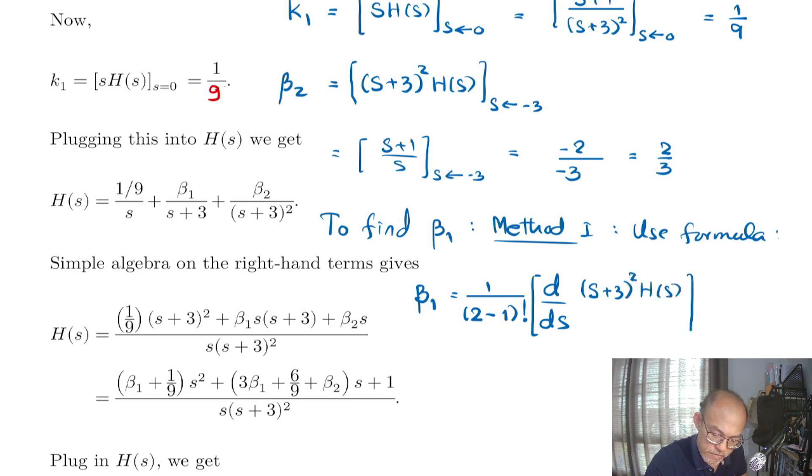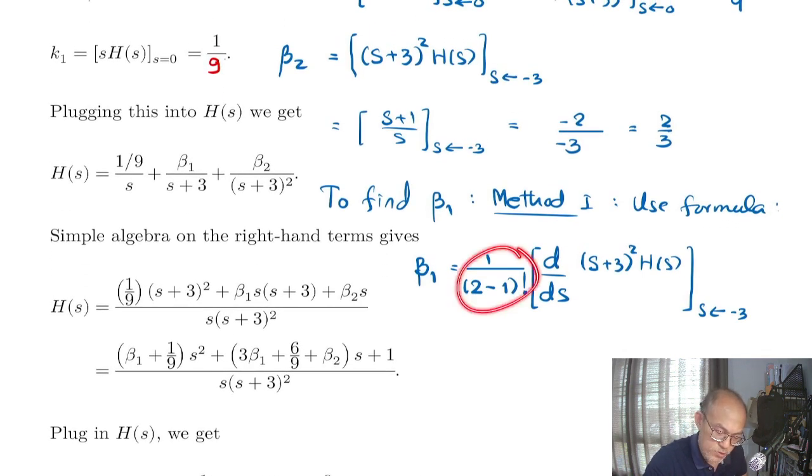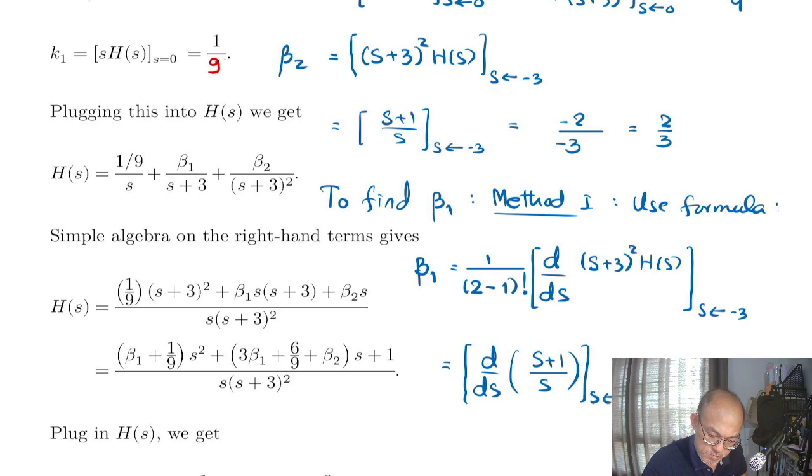After the differentiation, I plug in s as minus 3. So (2 minus 1) factorial is just 1 factorial, which is just 1. So I have the derivative with respect to s of (s plus 1) divided by s. And then I plug in s as minus 3.